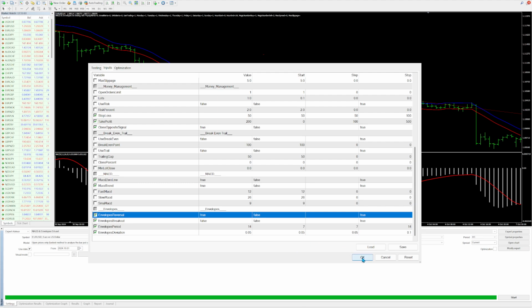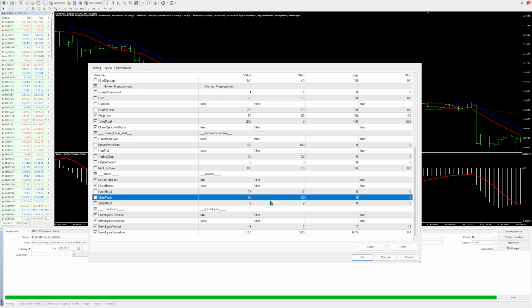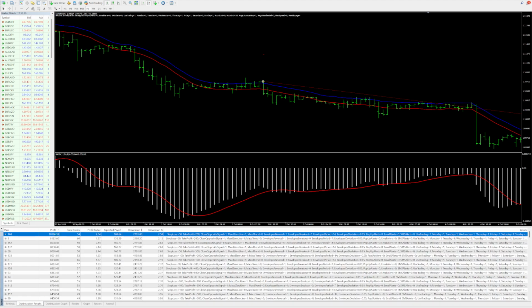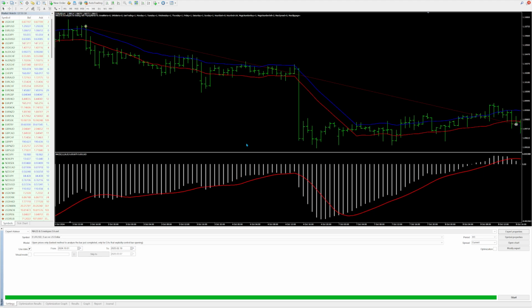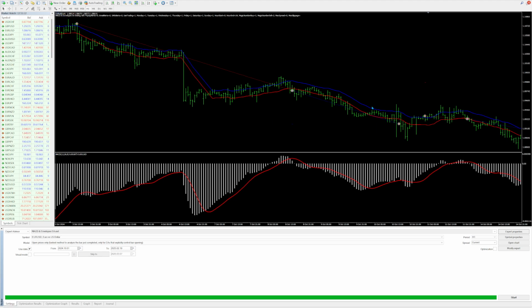Okay, so for instance, this strategy that has run just now had zero line true and reversal true. So what was happening in this strategy, for the test that you can see here, is that if there was a reversal, so price was above the envelope, and the zero line was true, so the histogram was below the zero line, the EA took a sell trade there.